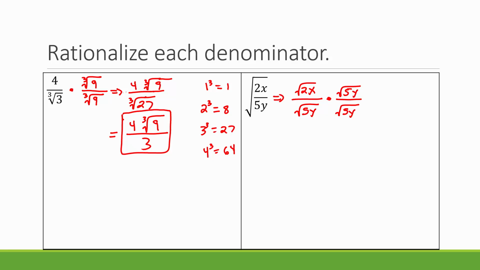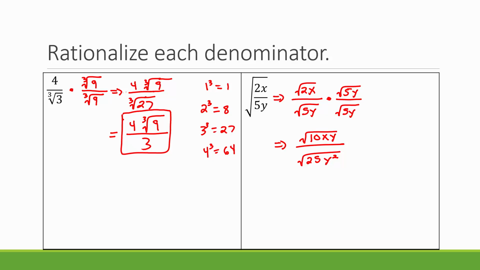Okay, so now that becomes, since the 2x and the 5y were both underneath the square root, I can multiply that out to get the square root of 10xy. In my denominator, 5 times 5 is 25, y times y is y squared, which is a perfect square. The square root of 10xy is not a perfect square.